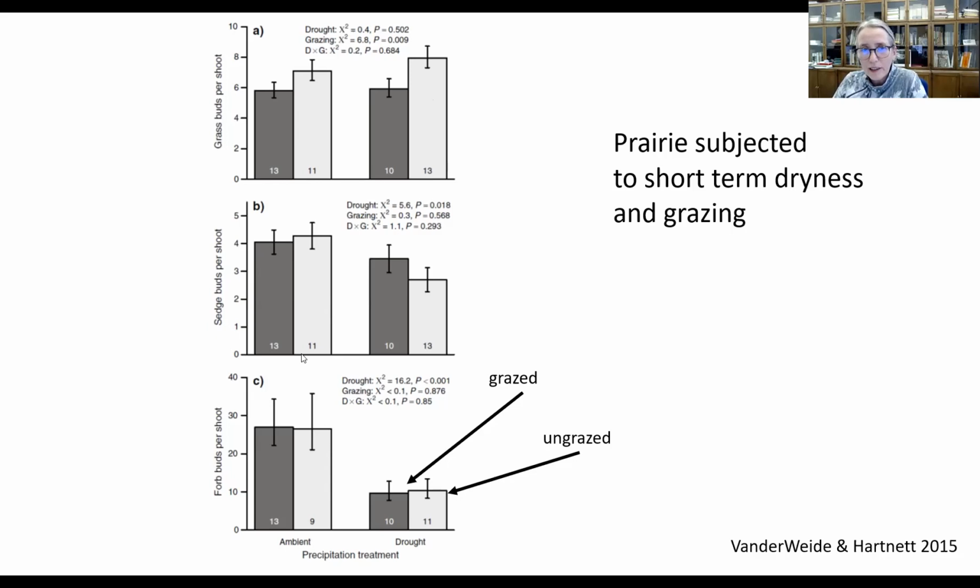In sedges, there is an effect of drought, but not an effect of precipitation. And in forbs, there is some interaction, and there is a strong effect of drought. So you can see that the effect of drought versus the effect of management may differ between groups of plants.